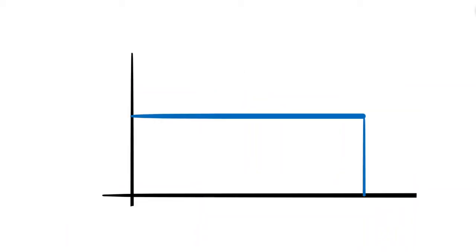So let's start with our uniform case. Uniform distribution is very special because it is always the same height in the interval that is interesting.